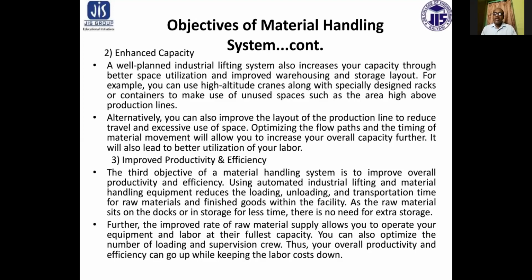Using automated industrial lifting and material handling equipment reduces the loading, unloading and transportation time for raw materials and finished goods within the facility. As the raw materials sit on the docks or in storage for less time, there is no need for extra storage.